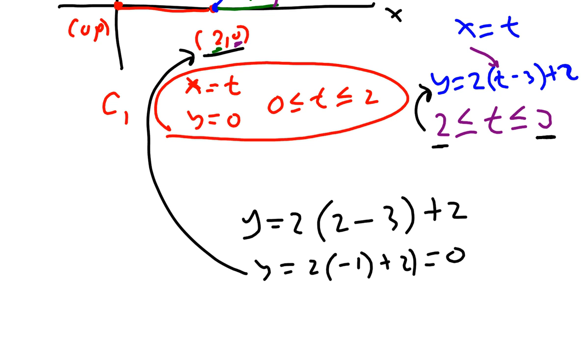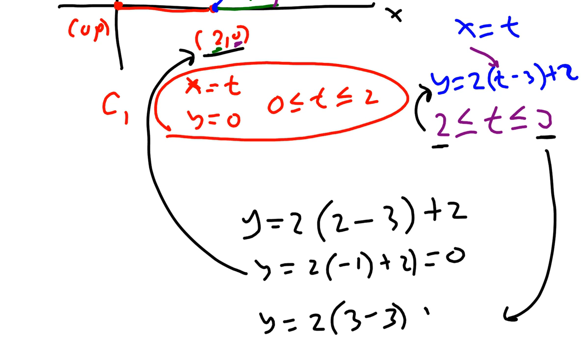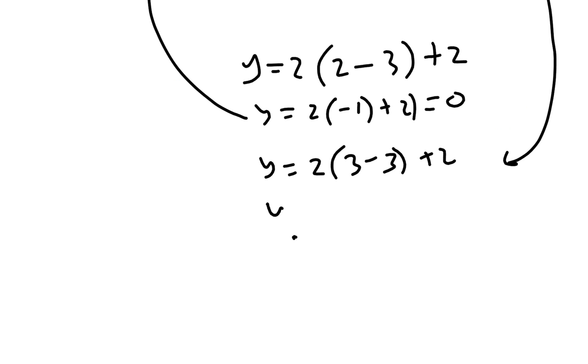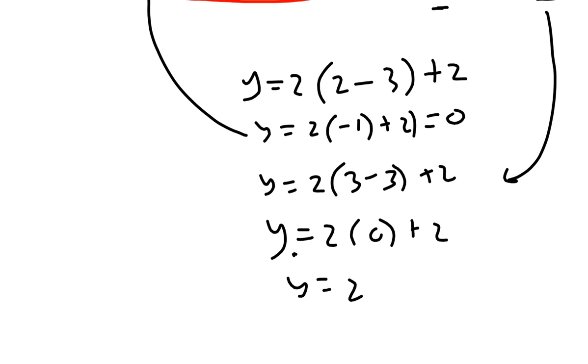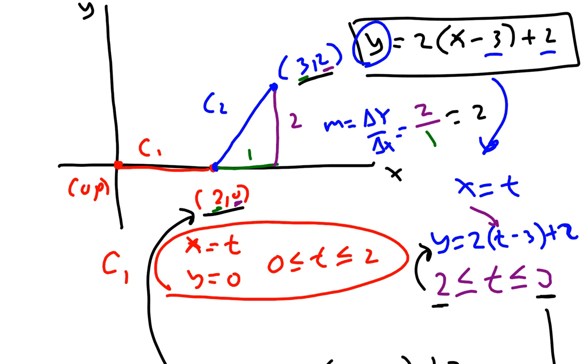All right, let's plug in the value of 3 for t. So y will be 2 times 3 minus 3 plus 2, or y equals 2 times 0 plus 2, or y equals 2. And that's a good thing also, because the other point we wanted to go through, you can see it up here, let me just circle it, was the point 3, 2.